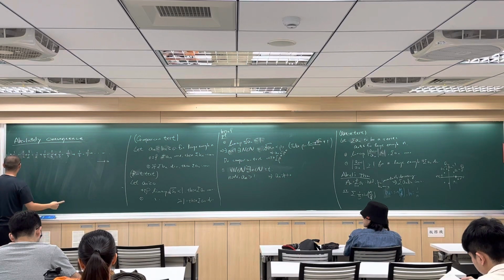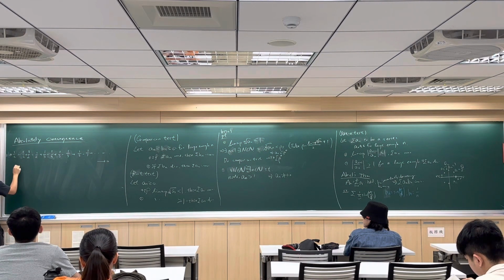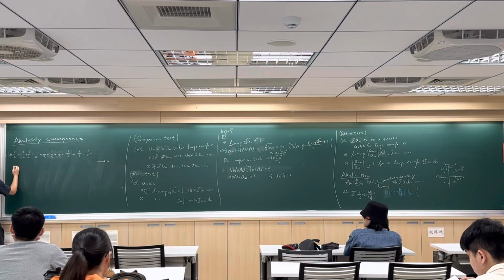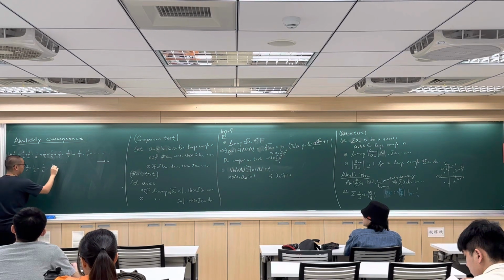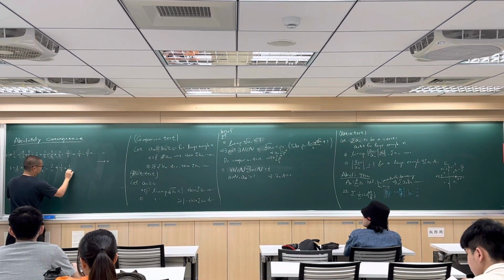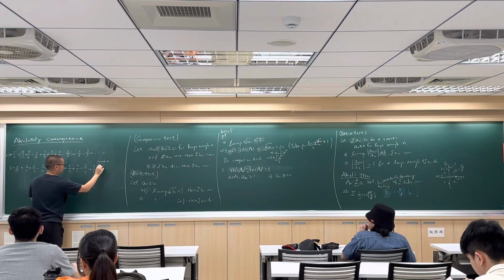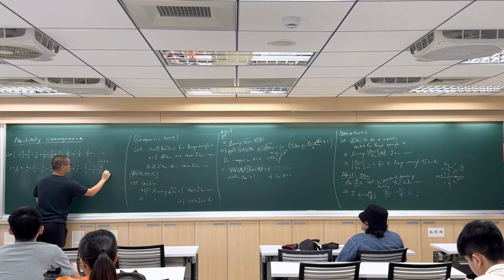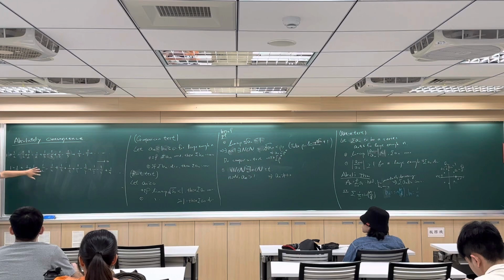But if we do some rearrangement, like 1 minus 1 plus 1 over 2 plus 1 over 2 minus 1 over 2 minus 1 over 2 plus 1 over 3 plus 1 over 3 plus 1 over 3 minus 1 over 3 plus 1 over 3, does this one converge?